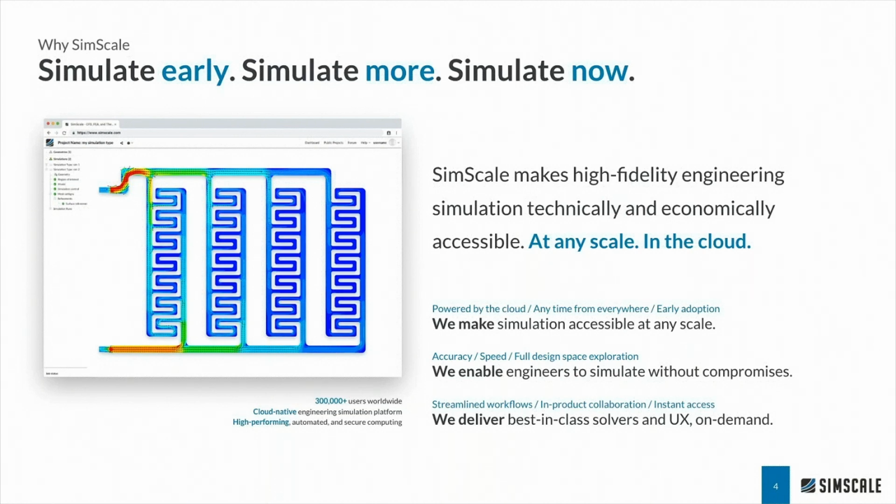By simulating earlier in the design process, you can experiment with different designs. Traditional simulation tools are used later in the design process to validate a design. But with SimScale being so accessible, being fully cloud-based, any engineers in the design team can easily run their simulations at an early stage to make the most of their designs.